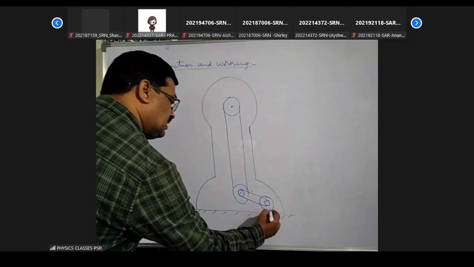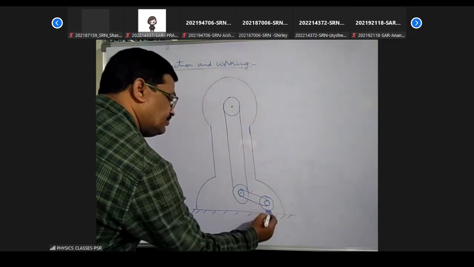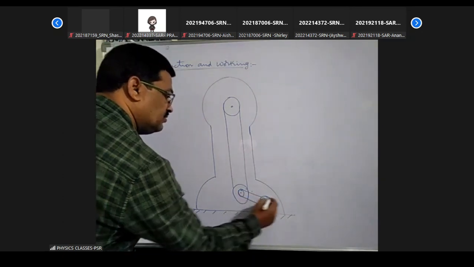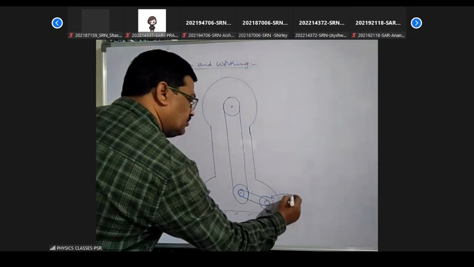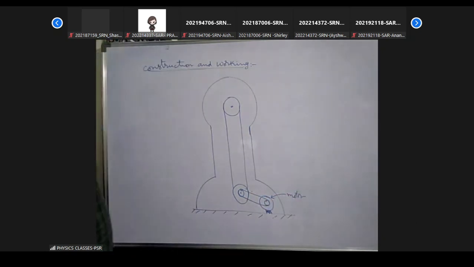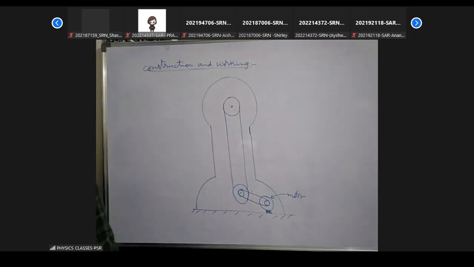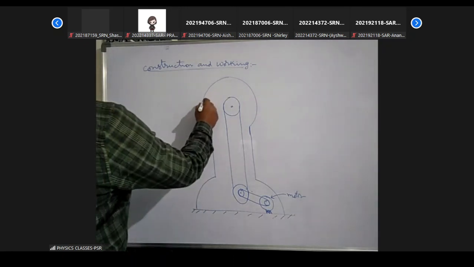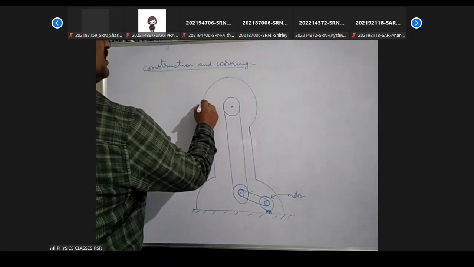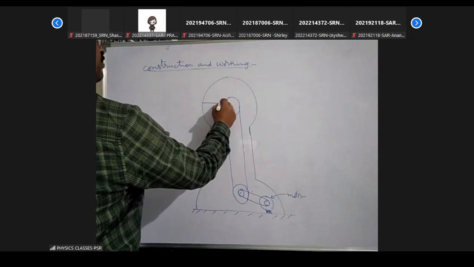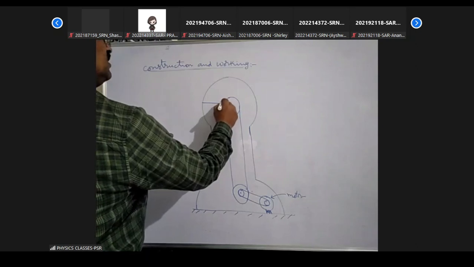It is not connected to the earth. This is the motor. Here, this is the belt, an insulating belt. A brush is arranged like this.